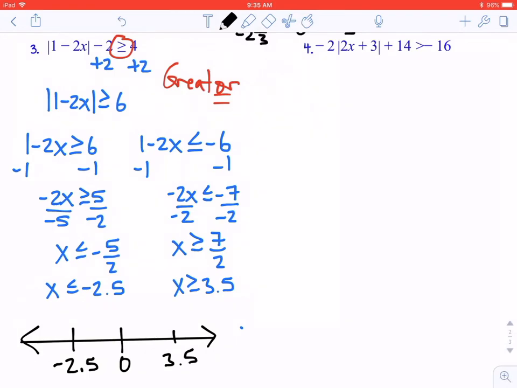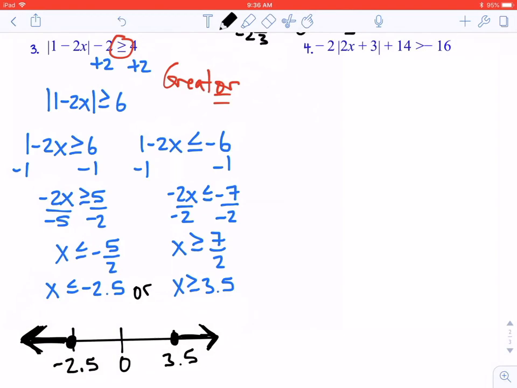And then it's less than or equal to negative 2.5. So it's got to be filled in because it's equal to, and shaded to the left to represent numbers that would be less than. And then it's greater than or equal to because it's equal to.